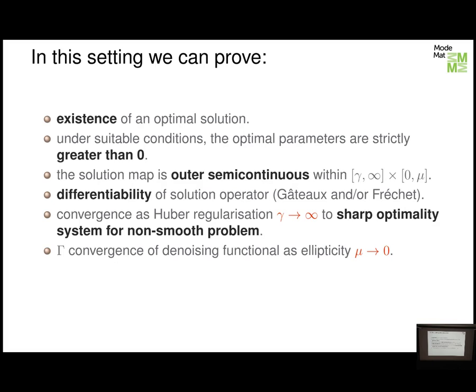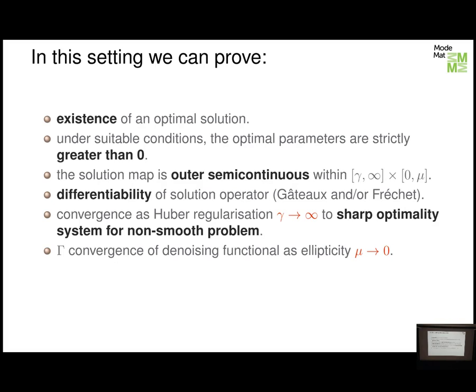So what we could prove in this context was, besides the existence of the optimal solution, something of importance in the numerical part, and this is that the optimal parameters are actually greater than 0. It cannot be 0.